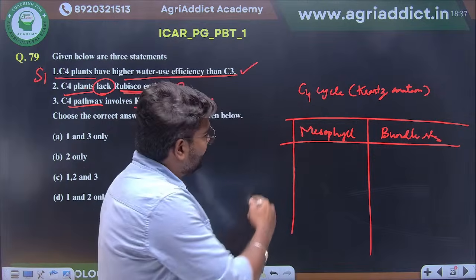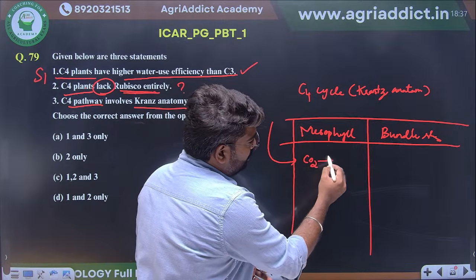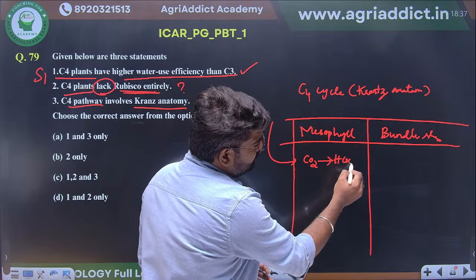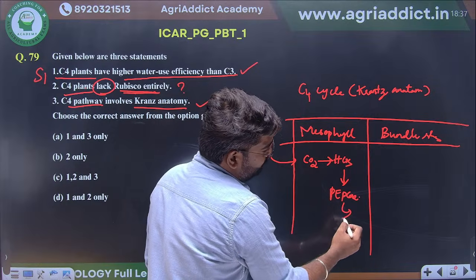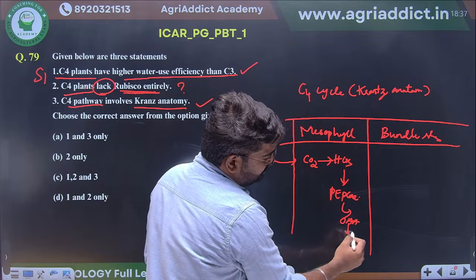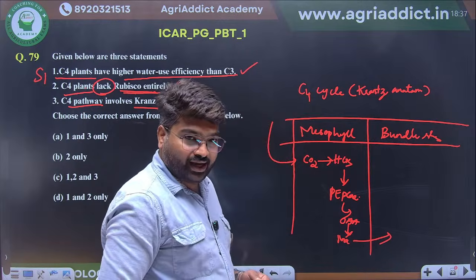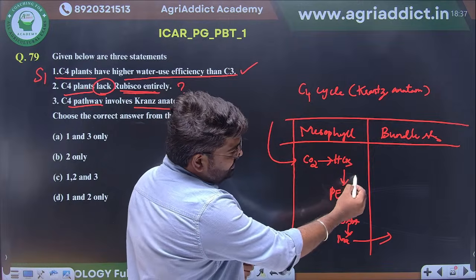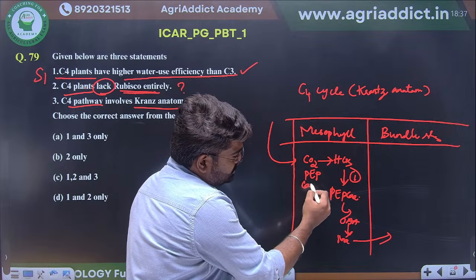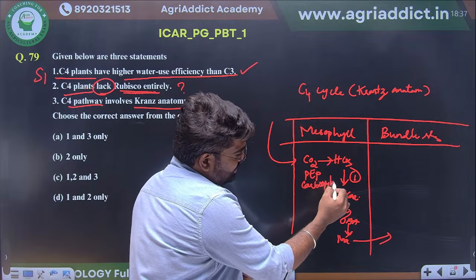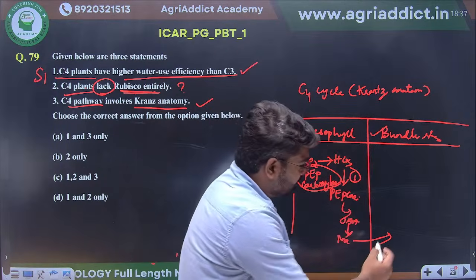You see here, atmospheric CO2 is coming. This will be converted into bicarbonate. This bicarbonate by the action of PEP carboxylase will be converted into oxaloacetate. This will be converted into malate. This will go here. So see here, first carboxylation is happening by PEP carboxylase. But after entering the bundle sheath cell, it will release the CO2.